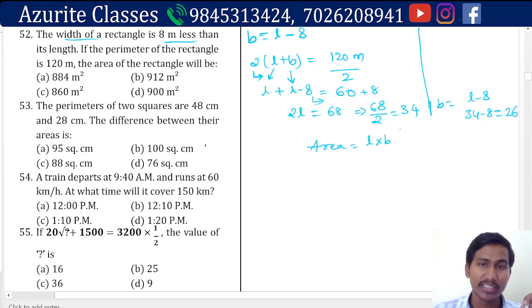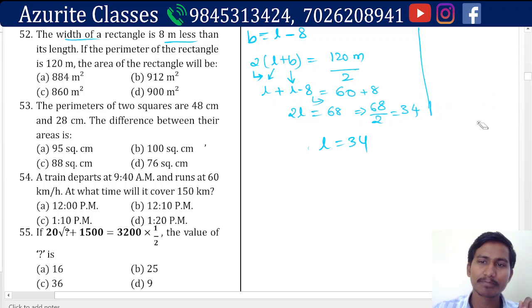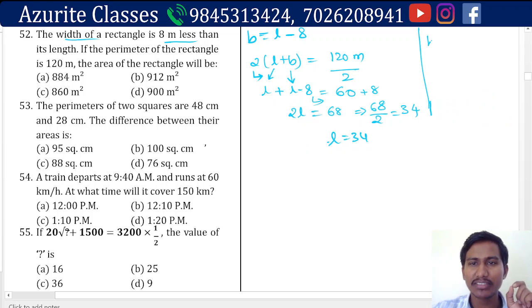Okay, here we have to find the area. Length came as 34. Now breadth will be length minus 8, so 34 minus 8 will be 26. So area will be length into breadth.